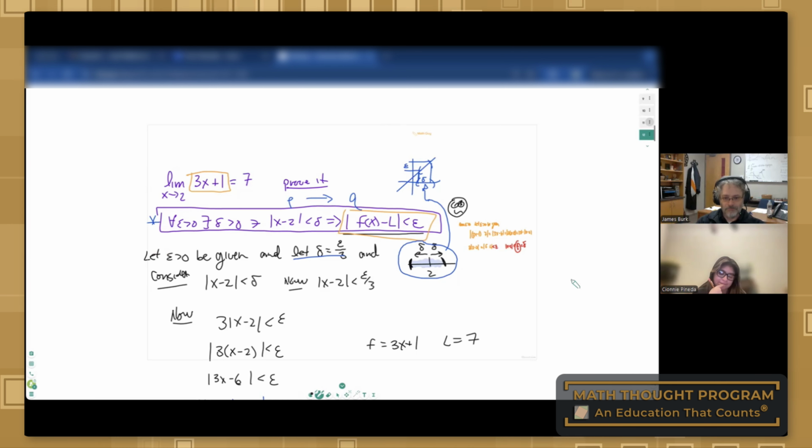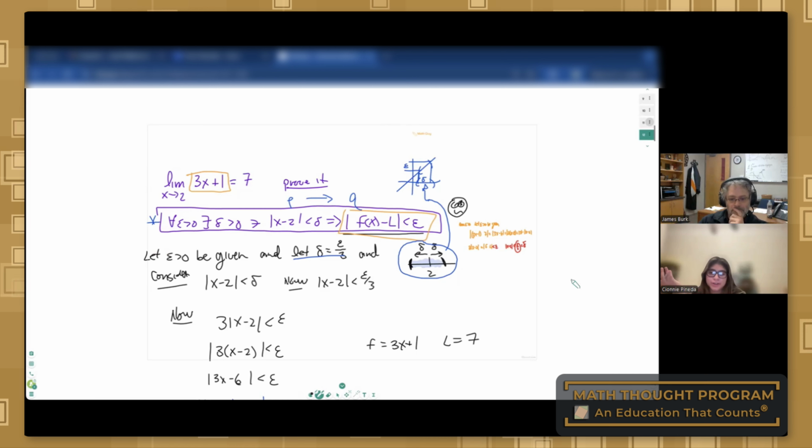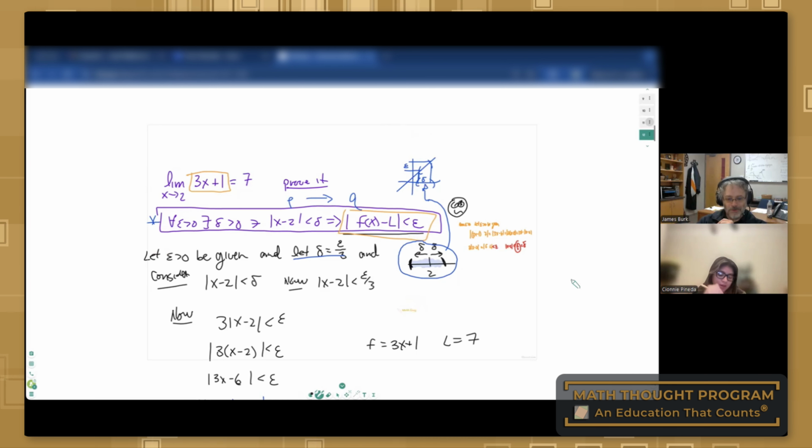Okay. And then the point of this section, I guess, is like reverse engineering it first for myself. Right. And then in that, I take the function minus the limit, which in this case was the absolute value of 3x plus 1, minus 7.